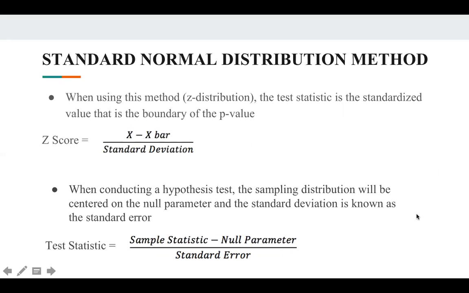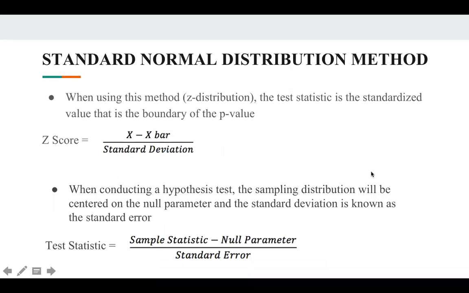So when using the standard normal distribution method, the test statistic is standardized. You'll find the z-score by taking x minus x bar, where x is the average mean that we're given and x bar is our statistic, and you find the difference between those and divide by the standard deviation.